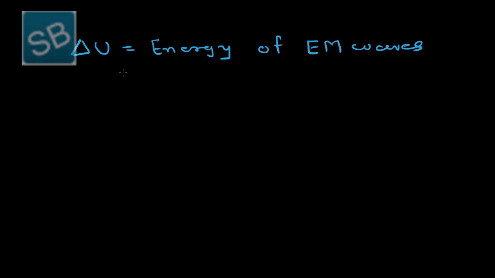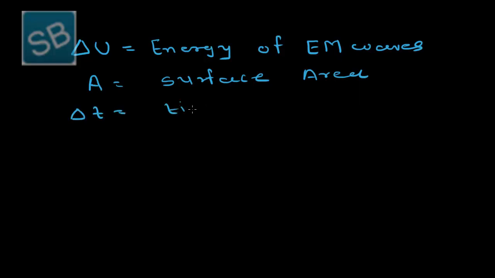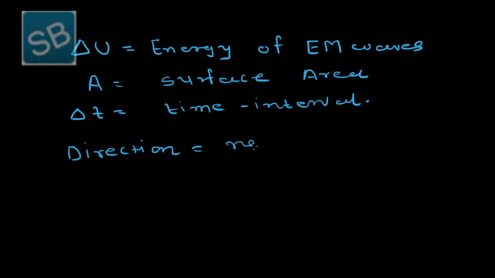These waves are incident on a surface area A and the time taken for incident on it is delta t. So it is time interval basically. And the direction of electromagnetic waves is normal to the flow of energy.